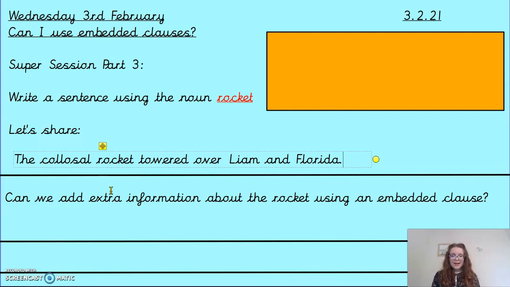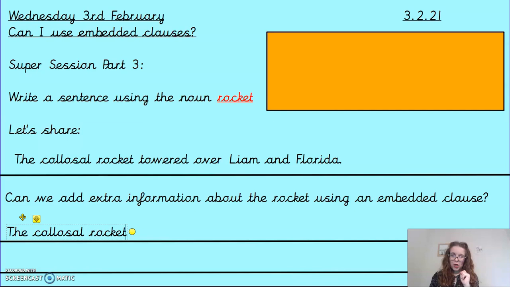Okay, can we add extra information about the rocket using an embedded clause? Have a think about your own sentence. How would you add in an embedded clause? Let me rewrite it down here so I can add in. So, now the embedded clause is going to follow the noun of the rocket. So, the colossal rocket, what do I need here?